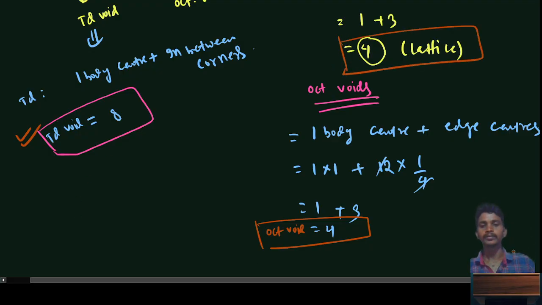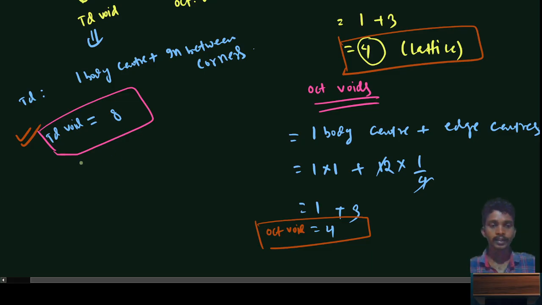Okay, so whether A2+ cations will go to tetrahedral sites or trications will go to octahedral sites depends on the CFSE. The CFSE will tell whether dications will go to the octahedral sites or trications will go to the tetrahedral sites.